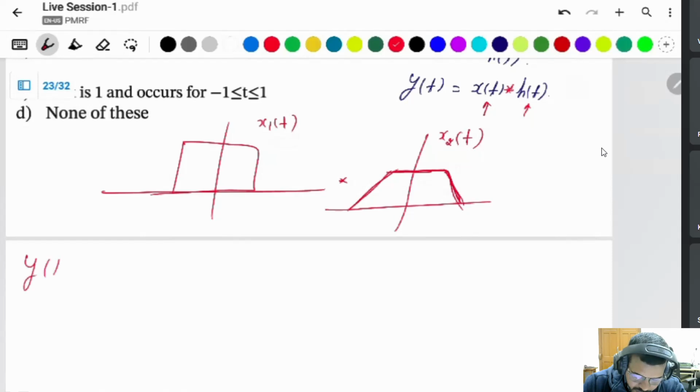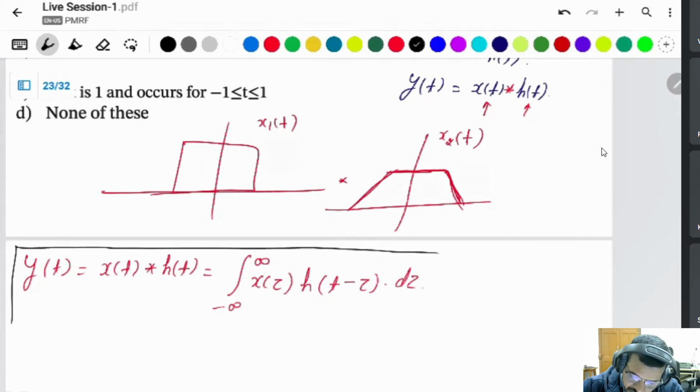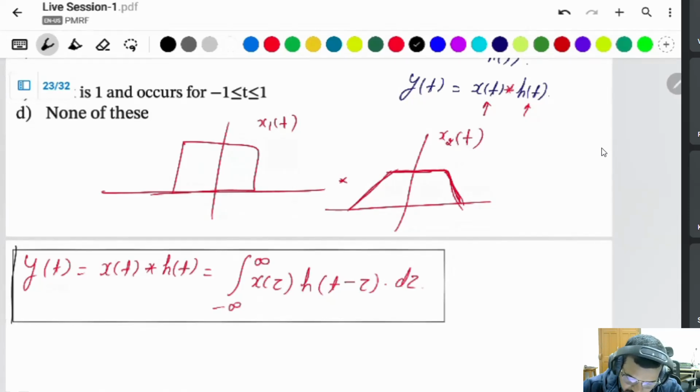For the convolution, y(t) is equal to x(t) convolved with h(t), which is equal to the integration from minus infinity to infinity of x(tau) h(t minus tau) d tau. We have to find this to calculate y(t).